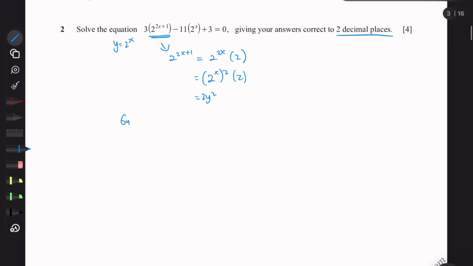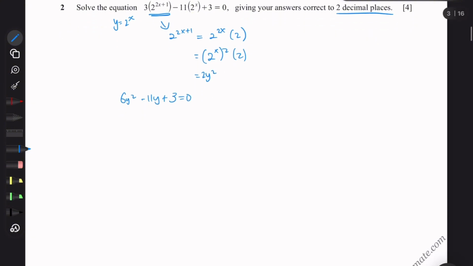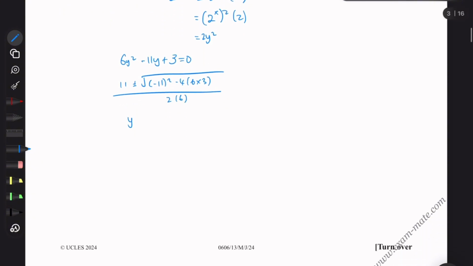So it becomes 6y squared minus 11y plus 3 equals 0. And then we can put this into the quadratic equation. y would be equal to 3/2 or 1/3. Wait, sorry, this is not minus.